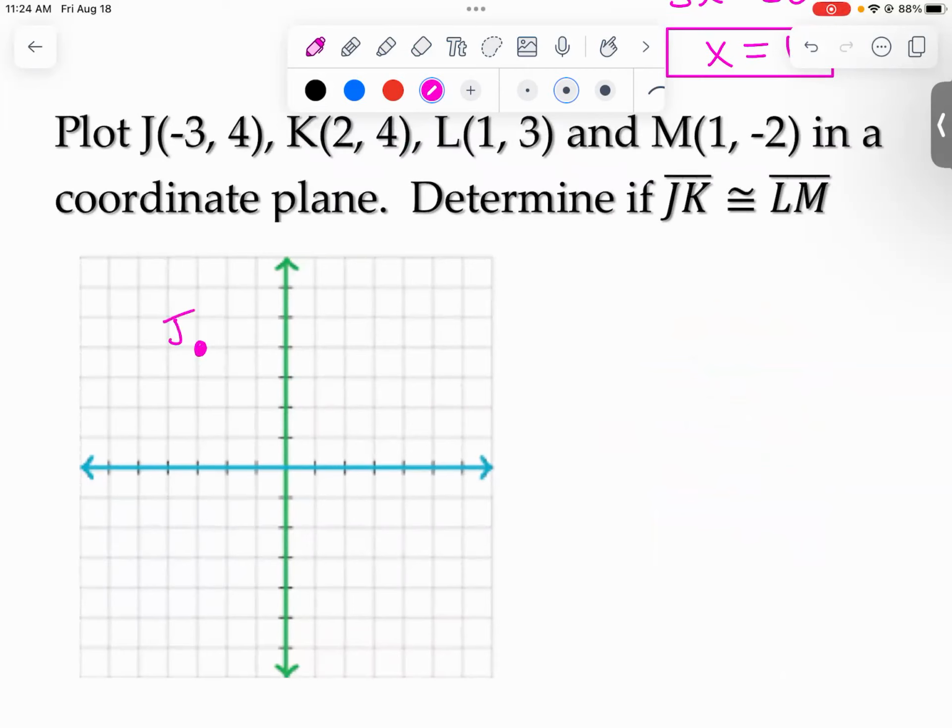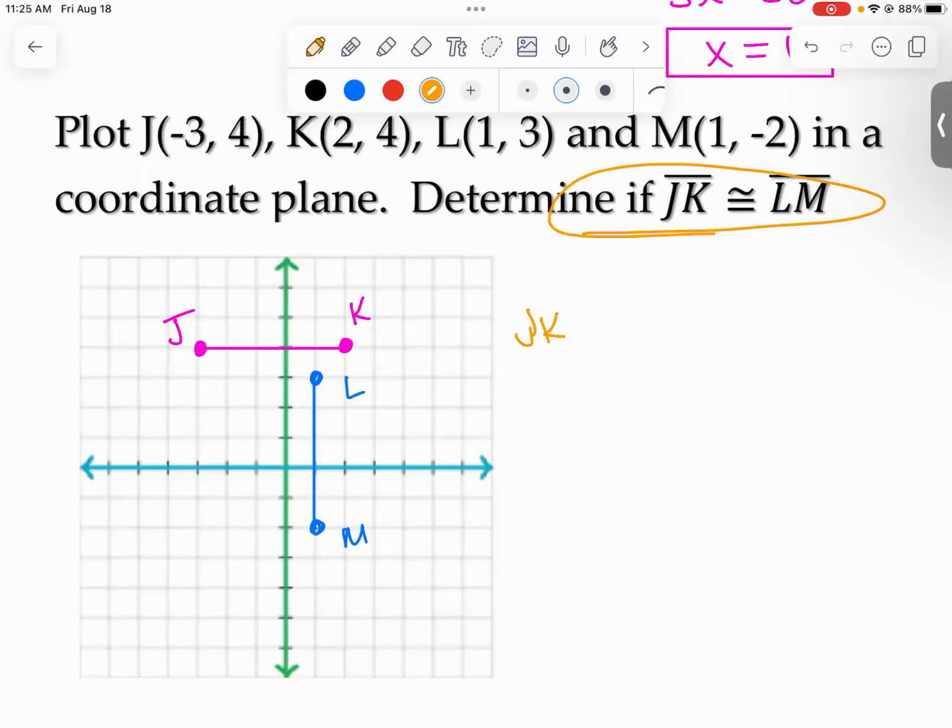And label them, like when you plot J, label it J. Well, I connected JK and I connected LM because the question is determine if JK is congruent to LM. Well, in order to do that, I want the segments. Okay.